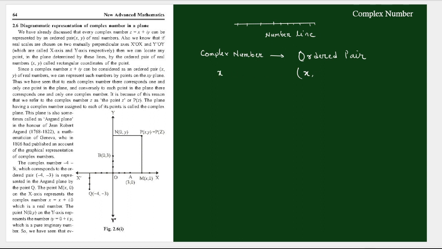For a complex number, x plus iy, in ordered pair, it can be written as x comma y, which is just like your coordinate plane, the abscissa and the ordinate. It becomes like coordinate points. So we can represent it like an xy plane.